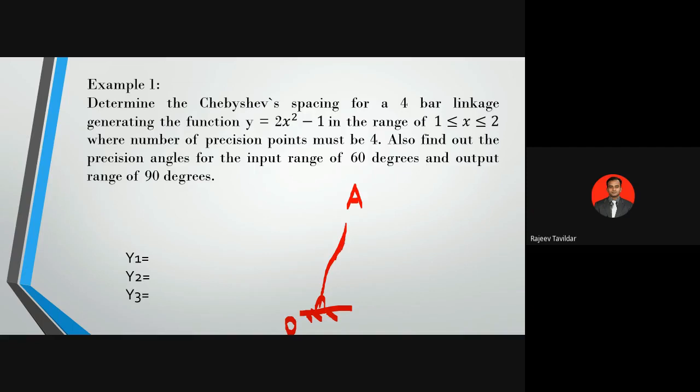Now, when I'm finding the precision points, what exactly I'm doing is when this OA rotates, I'm finding out OA1, OA2, and similarly OA3. I'll just stop up to 3. And I'm finding out this distance.